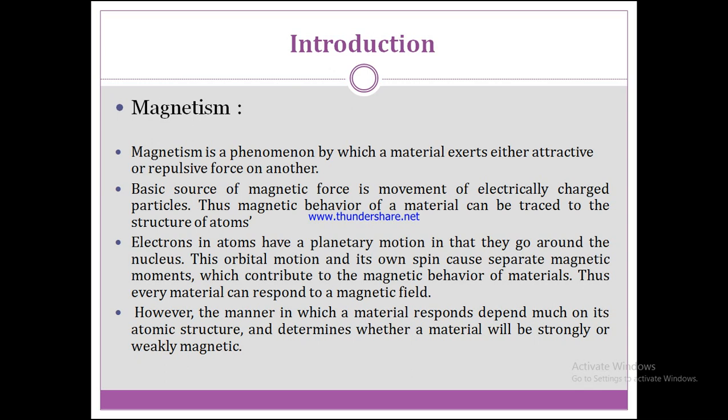This orbital motion and its own spin, because every electron moving around the nucleus also spins around itself, cause separate magnetic moments which contribute to the magnetic behavior of materials, and thus every material can respond to a magnetic field.